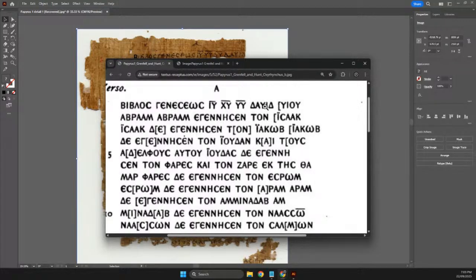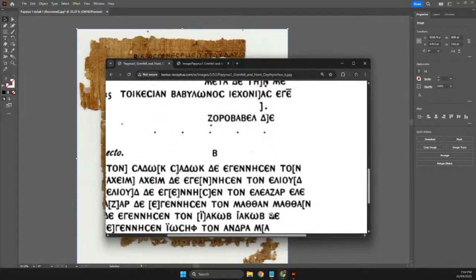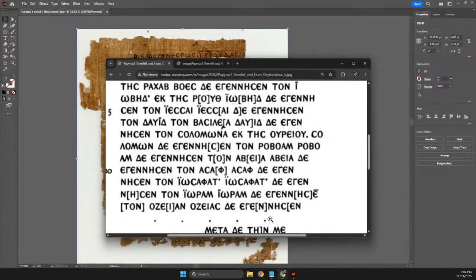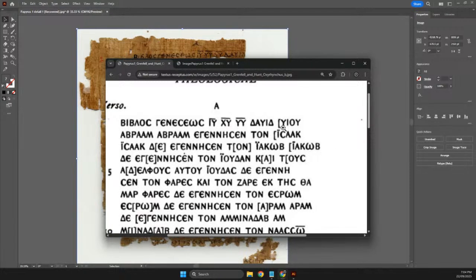So it's Huio David. You wouldn't go Huio and spell it all out and go Abraham. You would have that in a nomina sacra as well. But they've put that in there, and that actually becomes an argument for it being closer to Vaticanus. And it's like, no. That's evidence from something you can't see. And they're admitting anything in a bracket that they can't see.